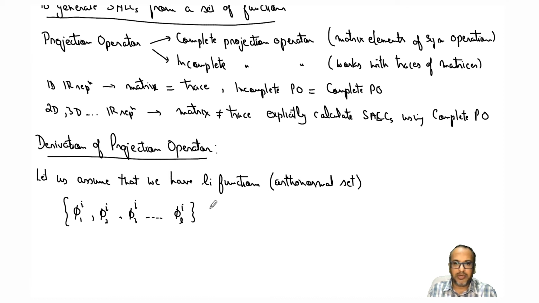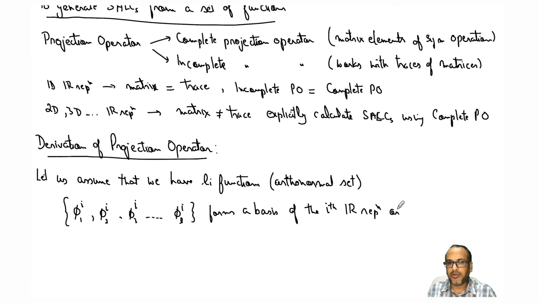So now this set forms a basis of the ith irreducible representation of a group of order h, right?